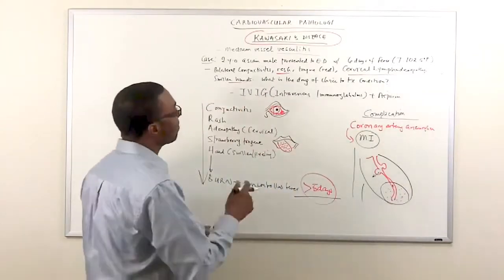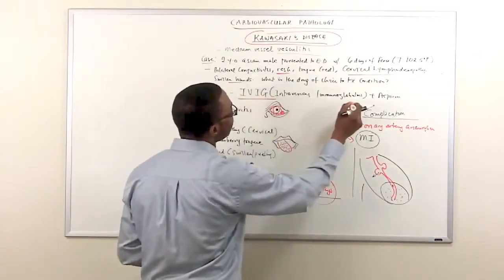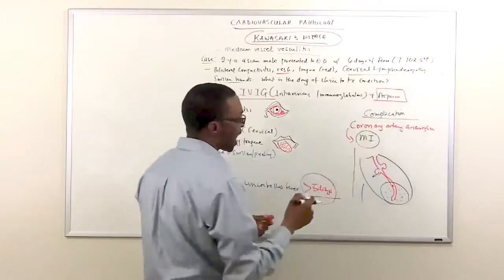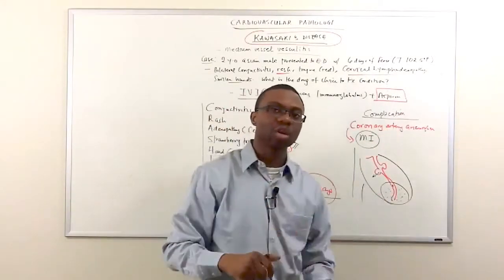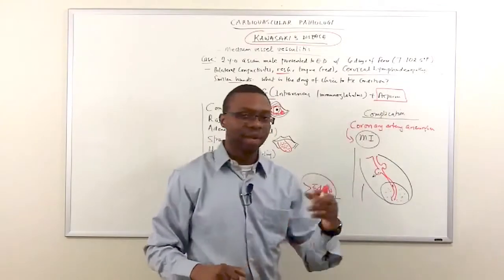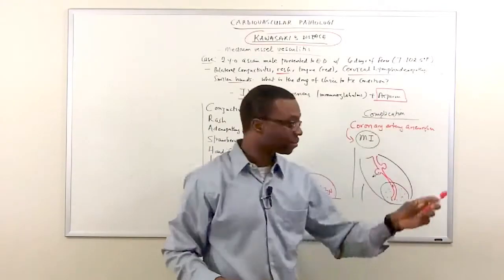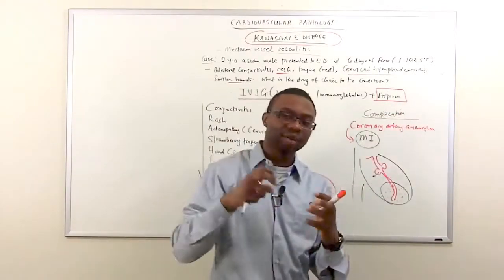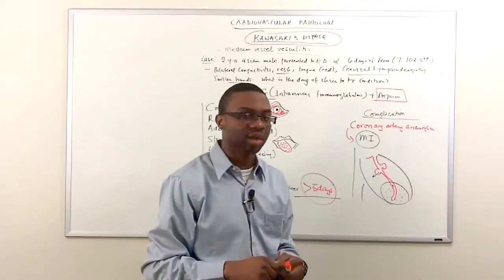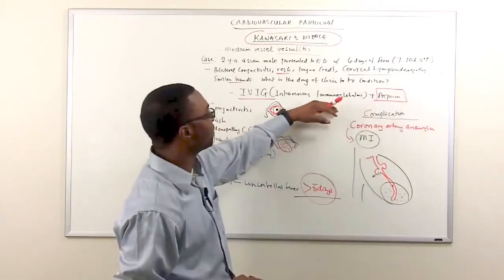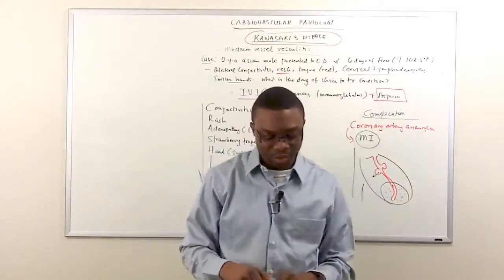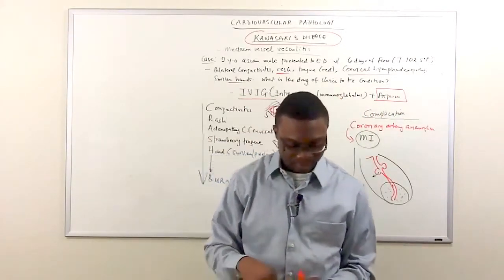So you want to treat them immediately with IVIG and aspirin. Aspirin is an antithrombotic agent. It prevents coronary artery thrombosis by inhibiting platelets from adhering to each other. That's why we give them aspirin and intravenous immune globulins.